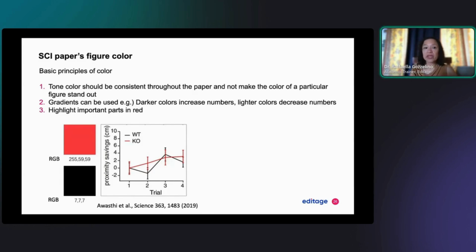And remember that you might have multiple conditions for which you also need to use gradients. And you can do it like darker colors increase numbers, but lighter colors decrease numbers in the gradient.